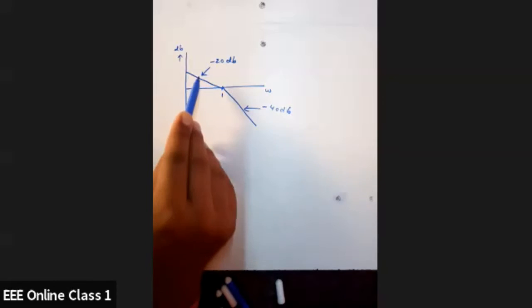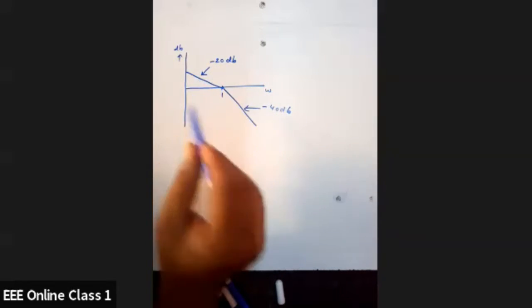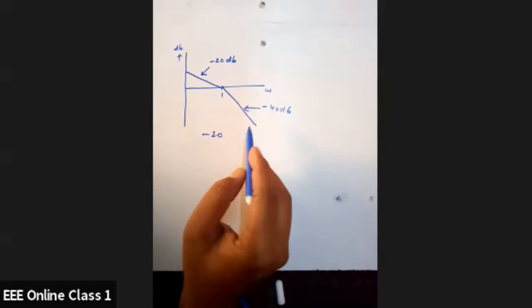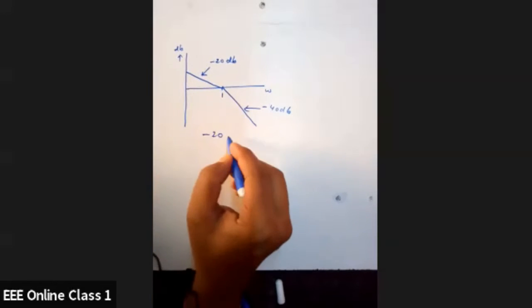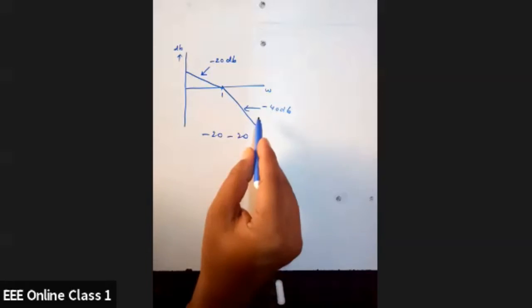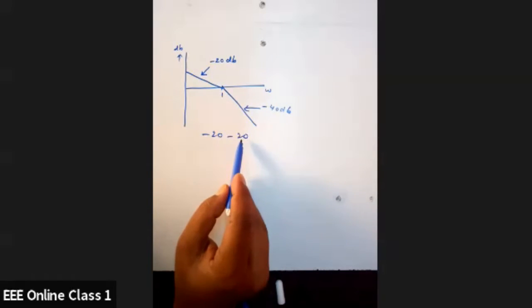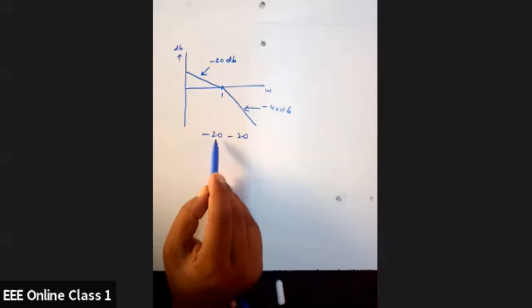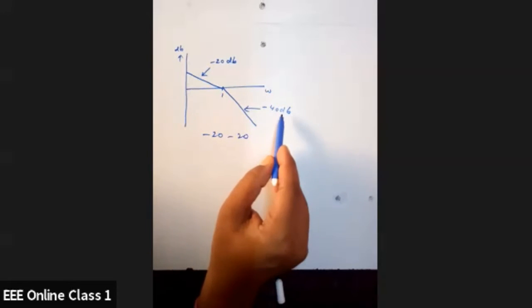My first line is minus 20 dB slope, and second line is minus 40. So minus 20, minus 20. So I have two slopes. The first slope is minus 20 and second slope is also minus 20. This is the meaning of minus 40 dB.